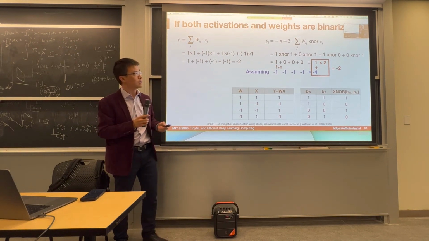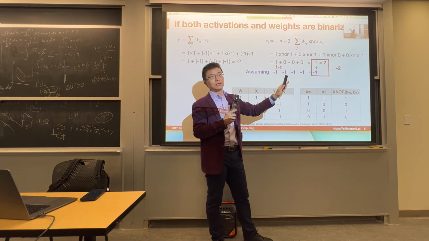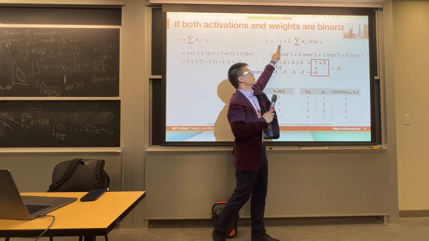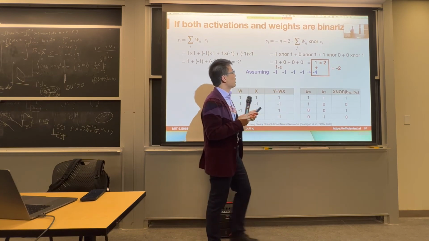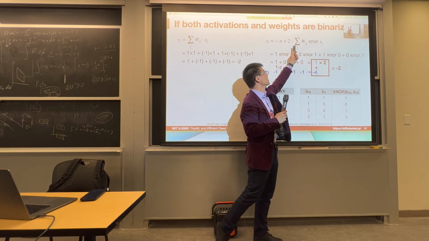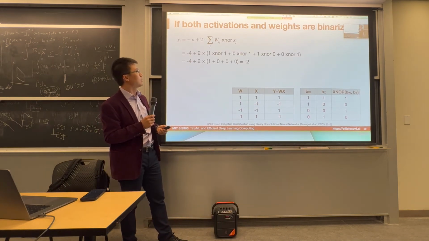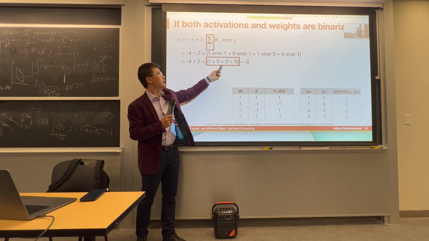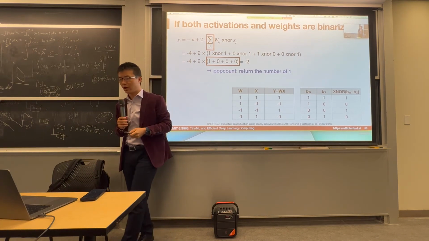So let's see, this is the final equation. Assuming everything is 0, since 0 is representing minus 1, then this is minus n if you have n elements. Okay? And then you count the number of 1s in the result and multiply that by 2. So this is counting the number of 1s in this array, which is basically a pop count operation.